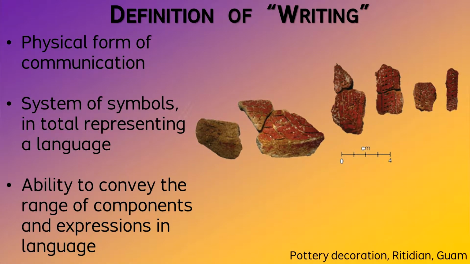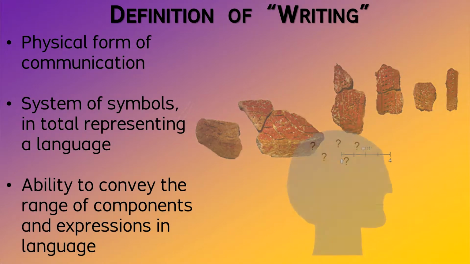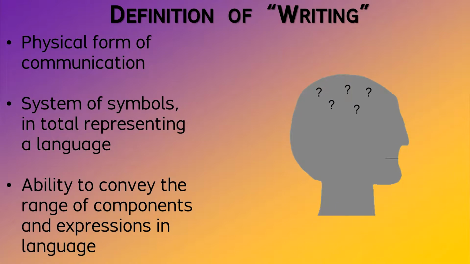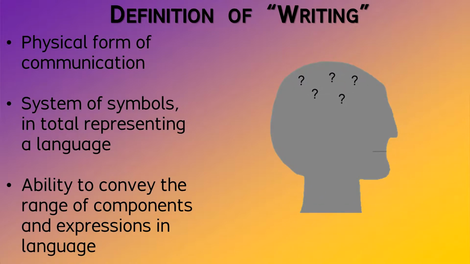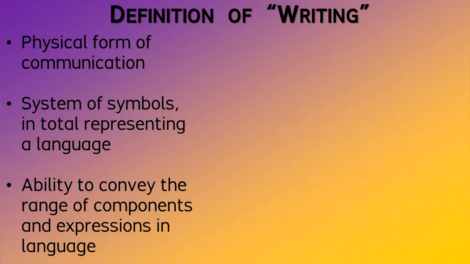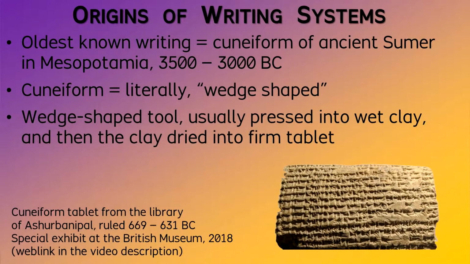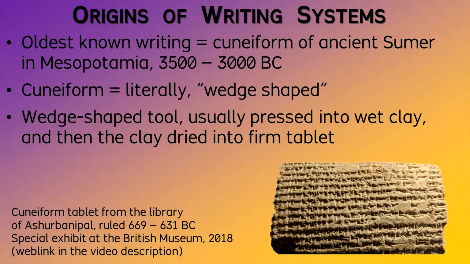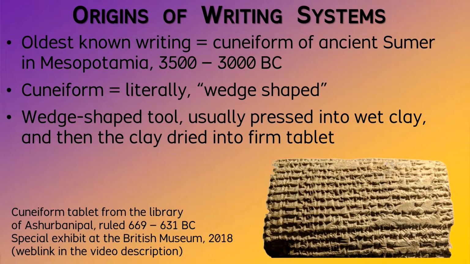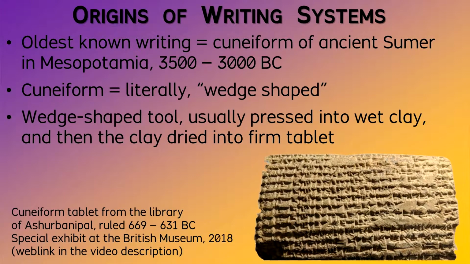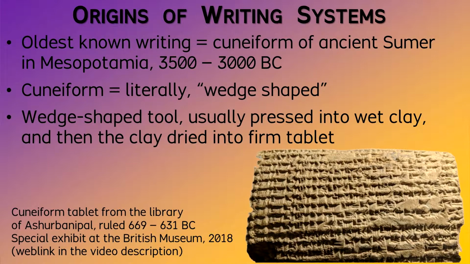In a formal writing system, anything of a language can be written, and everyone in the literate population can comprehend what is written. The oldest known writing has been identified as cuneiform, made in ancient Sumer of Mesopotamia as early as 3500 BC.